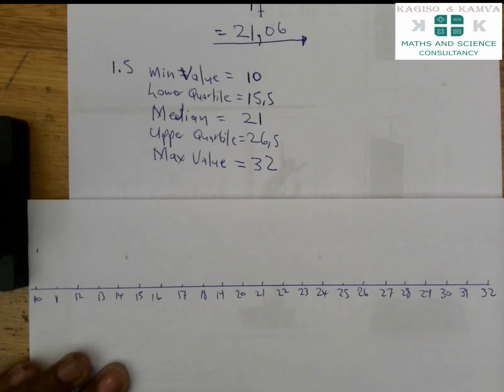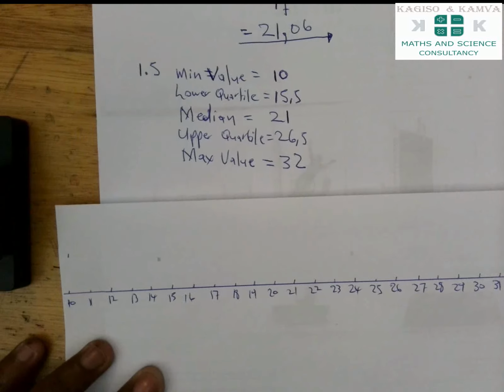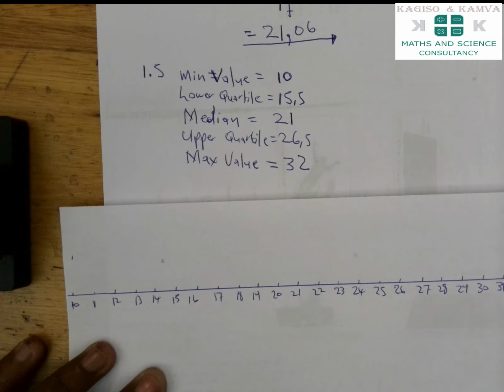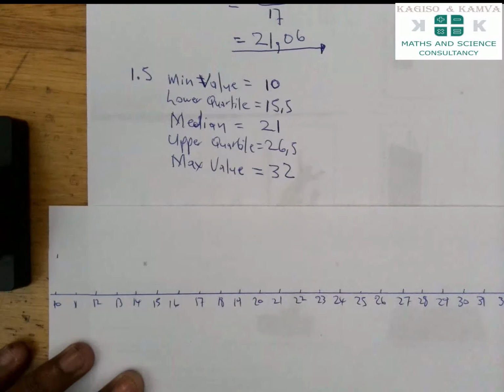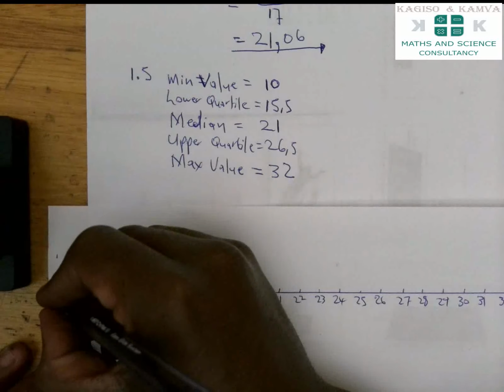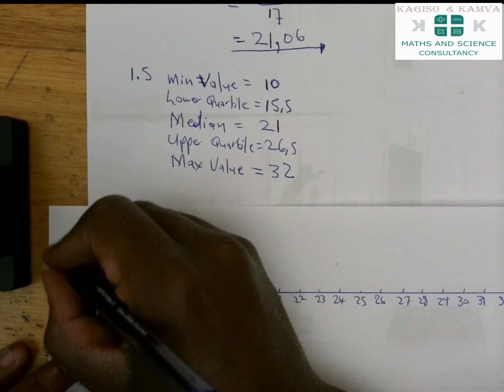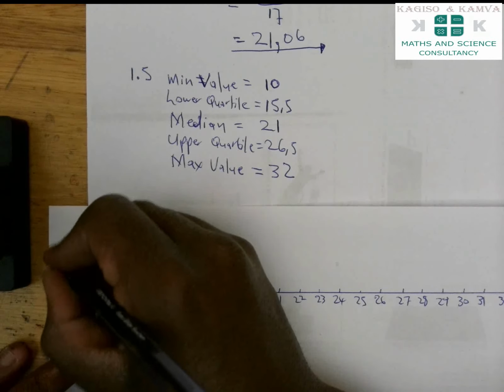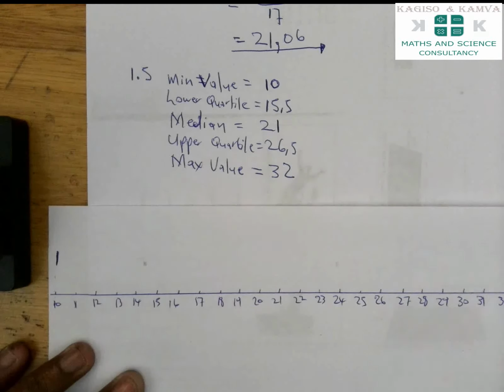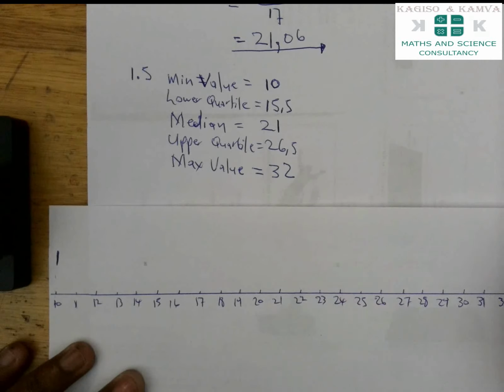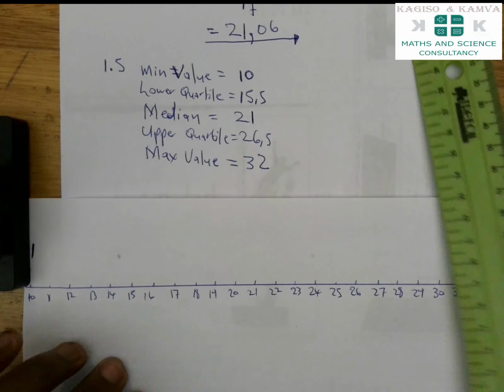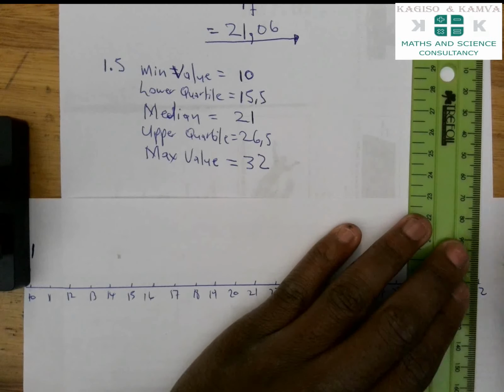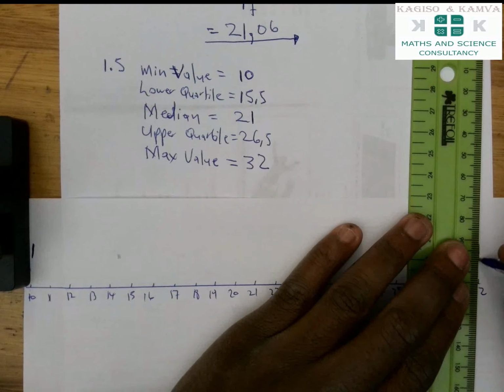Now, what is the value of the minimum? The minimum value there is 10. So straight there, we're going to have a stick like this. And then the maximum value is 32, and on 32, making use of a ruler, I'm also going to have something like this.